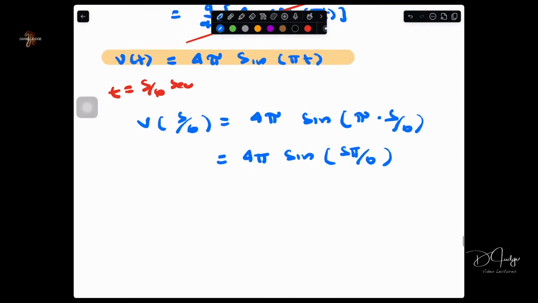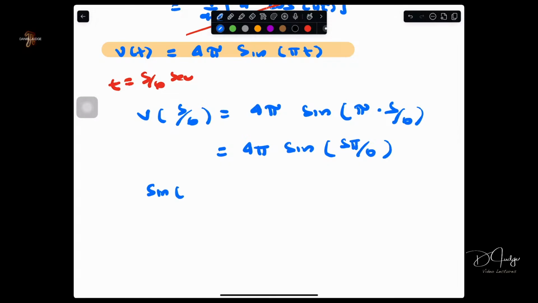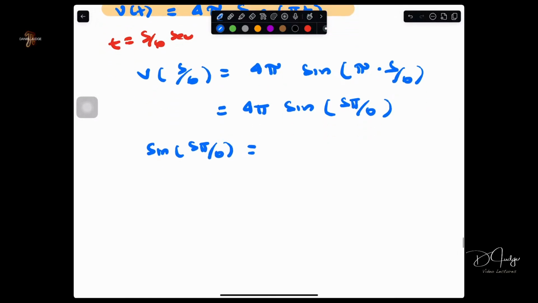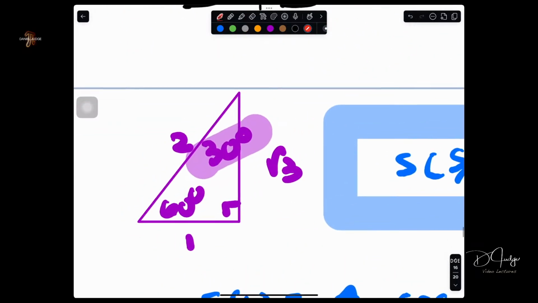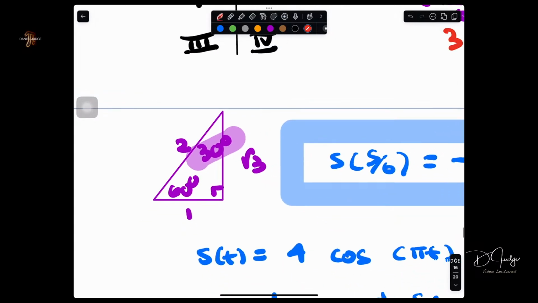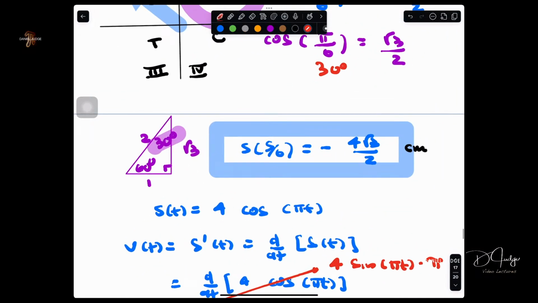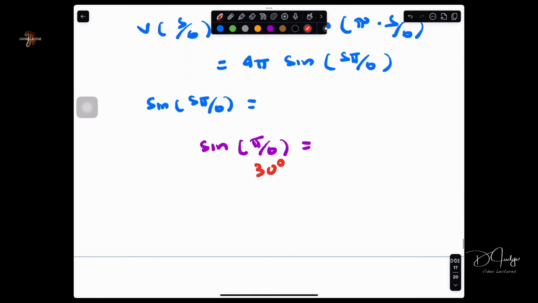So we need the value again now of sine 5 pi over 6. In order to find that, we need sine of pi over 6, and this will be a 30-degree angle. So sine of 30 degrees. Now, sine, again, is going to be opposite over hypotenuse, which is 1/2 now. So this equals 1/2.